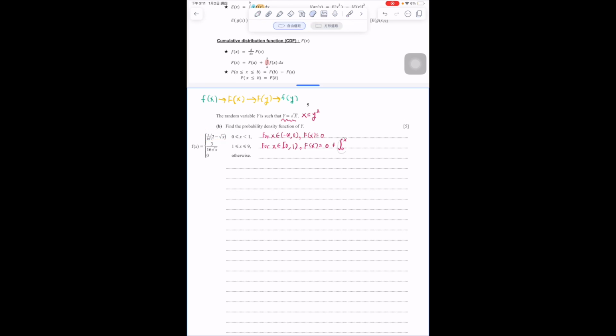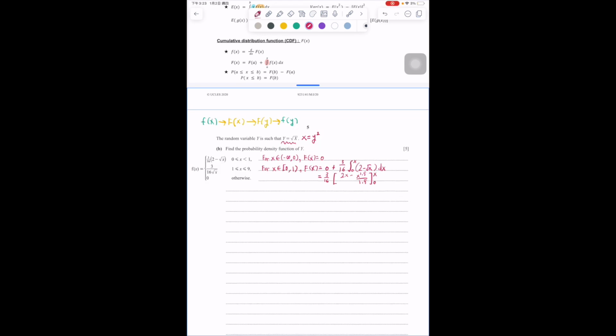Again, we can write our constant out here, and then 2 minus square root of x here. Okay, so this time we have 3/16, and then 2x minus x. Here we have 0.5 plus 1, so we have 1.5, integrated from 0 to x.